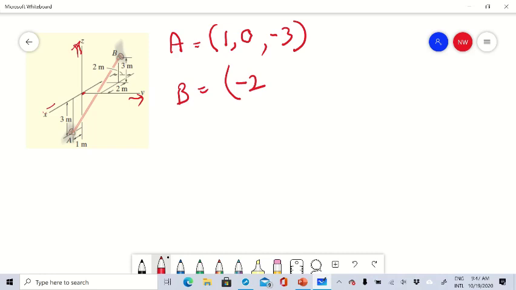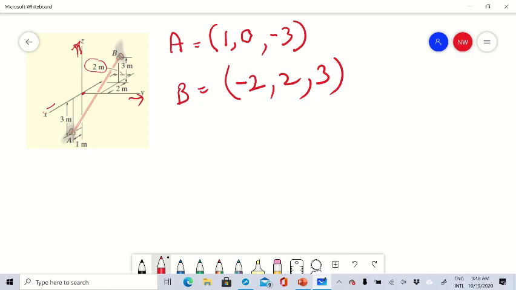Then 2 meters in the positive y direction, right? And 3 meters in the positive z direction. So the coordinate of point B is -2, 2 and 3.